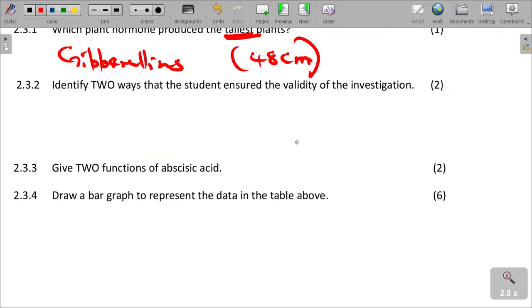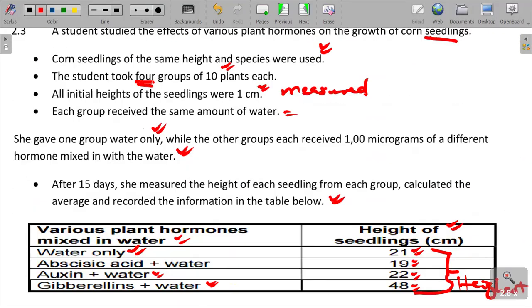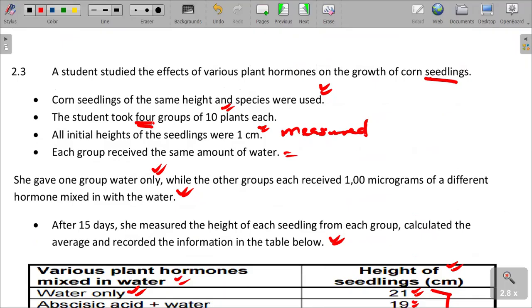And then identify 2 ways that the student ensured the validity of the investigation. I was marking these as I was giving you this question, reading through. The student took 4 groups of 10 plants each.